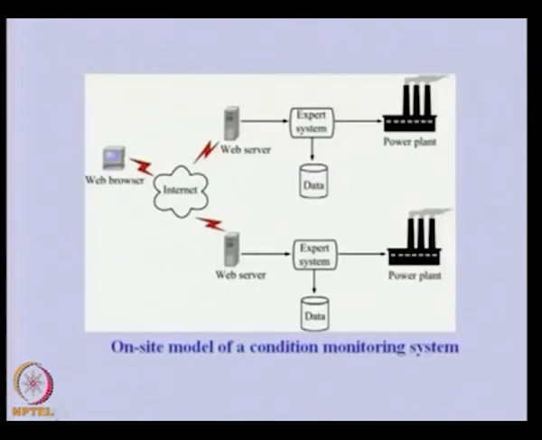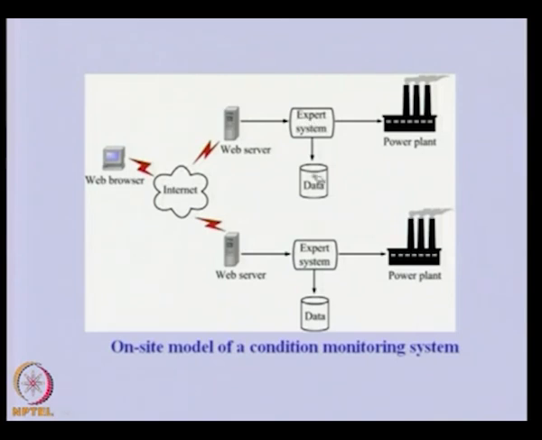This is a typical on-site model of a condition monitoring system, in which there are power plants at different locations. We are extracting the data, storing the various kinds of data at one place, and there is an expert system based on the database of the history of the plant.